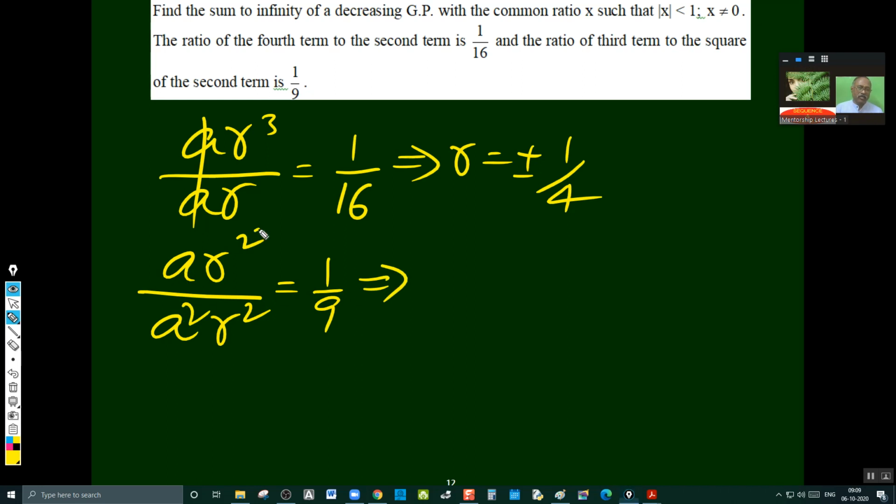This is R square getting cancelled and A power is getting cancelled. A is equal to plus or minus 3.